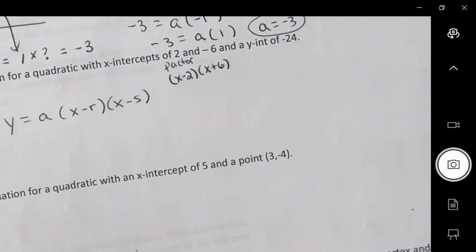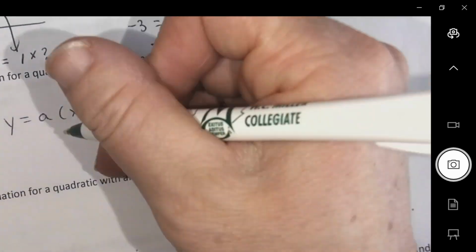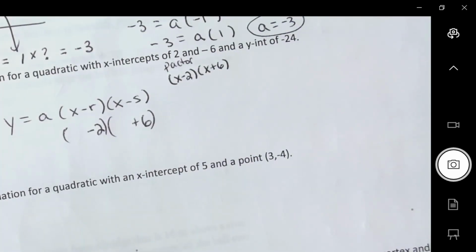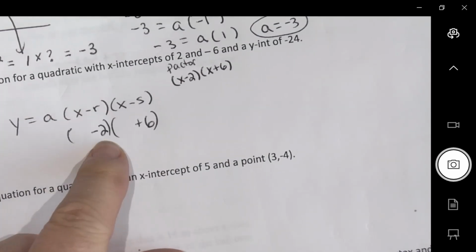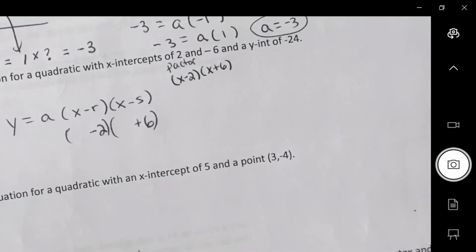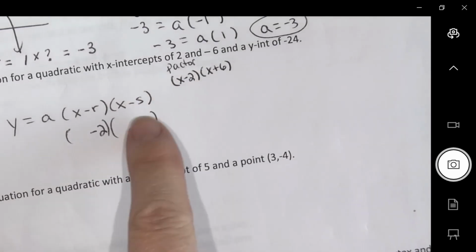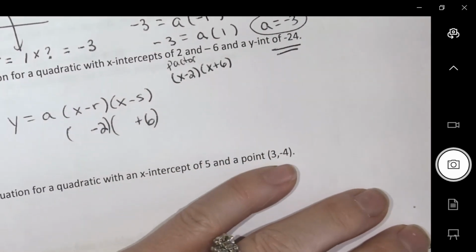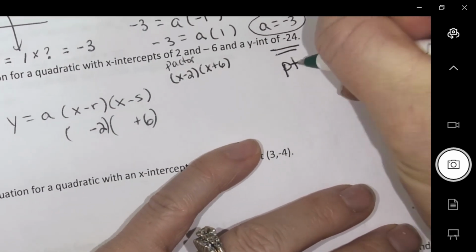Okay, so this is the form. So the factors, we are going to do the opposites. Because the form has a minus the x-intercept, a minus the x-intercept, so we do the opposites. So in any formula, when you see a minus, write the opposite of what you have. Okay, so that's where I'm replacing those. And I've been given a y-intercept, which is a point.